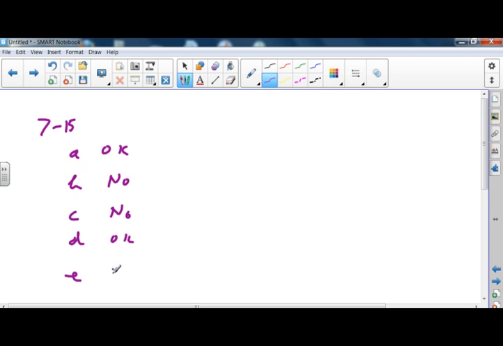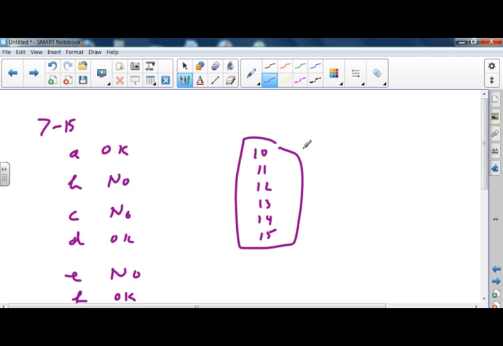E, no. F, okay. So I can't have 10, 11, 12, 13, 14, 15. These are invalid binary coded decimal. So if I have any of those, then it's wrong. It can't be that way. And so that's how I would do that.